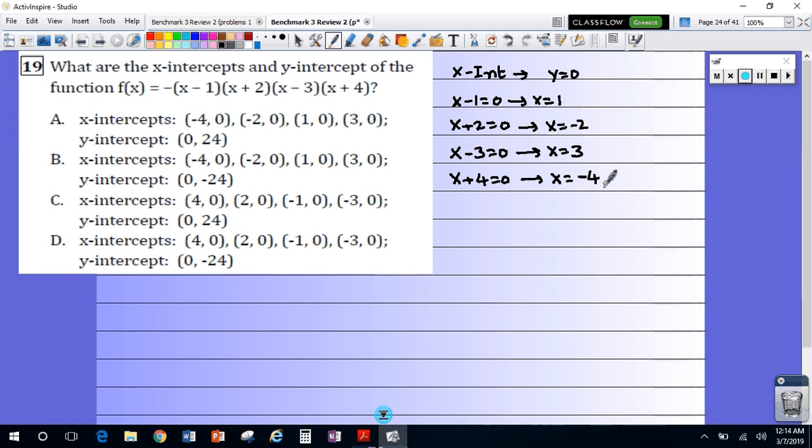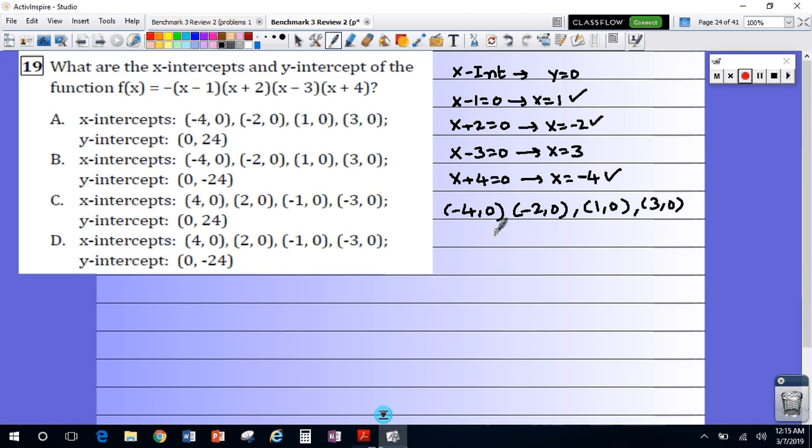So the roots, the x-intercepts, are negative 4, 0; next point negative 2, 0; next point 1, 0; and 3, 0.